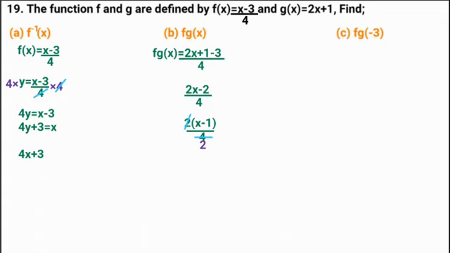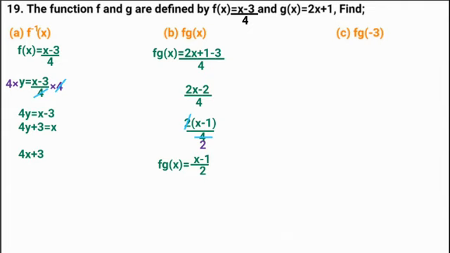Even if I distribute 1 to the terms inside the brackets, they will never change their value. 1 multiplied by x will be x, 1 multiplied by -1 will be -1. So we're going to have x minus 1, which will be over 2. Okay, this is the formula of fgx. So we can say fgx is equal to x minus 1 over 2.